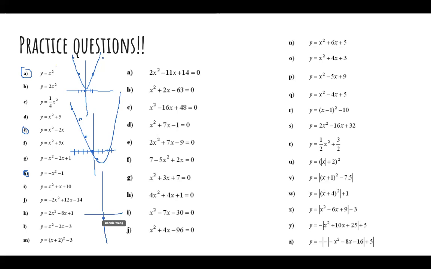And then if we choose points on the left and the right of the y axis, for example, for 2, it would be -4 minus 1, which would be -5. And for -2, it would also be -4 minus 1, which is -5. And we can see that the quadratic opens downwards like this.